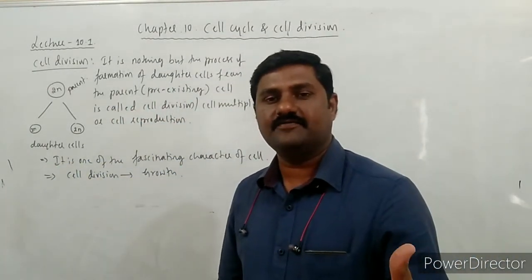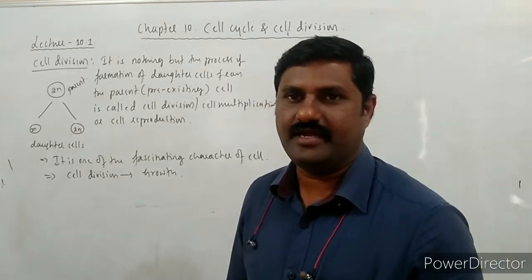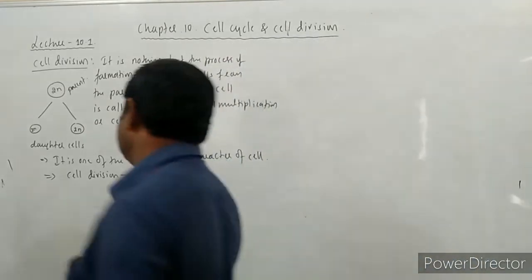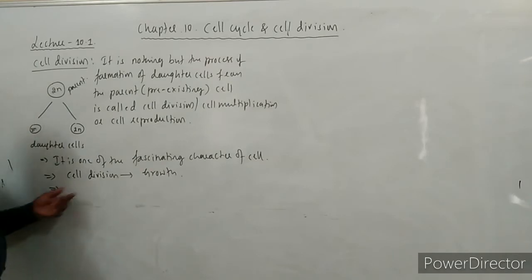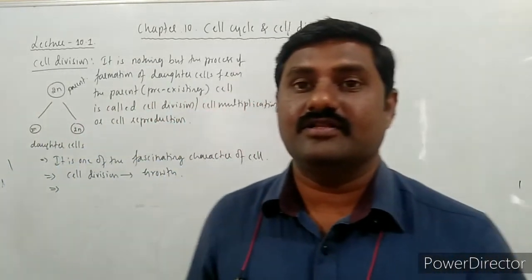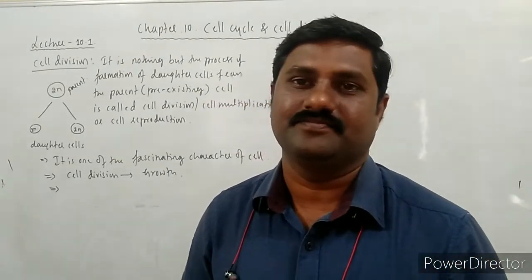Means as a result of cell division, the organism grows. This is the fundamental factor that you must remember. This cell division occurs in all the organisms and is responsible for the growth of the organism, as I said.